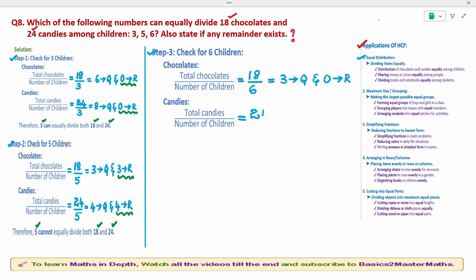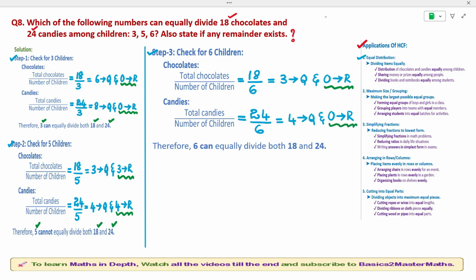That is 24 divided by 6 gives you 4 as the quotient and 0 as the remainder. Since the remainders are 0, 6 can equally divide both 18 and 24.